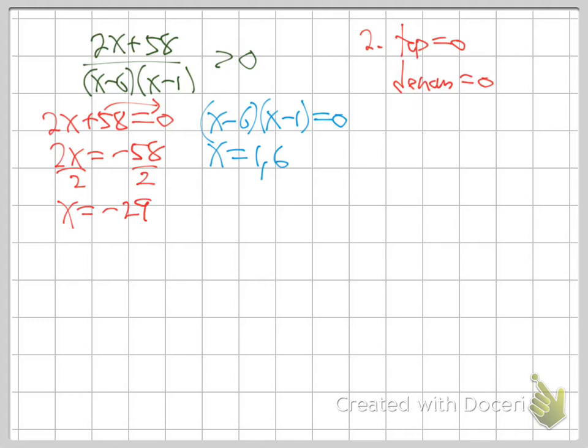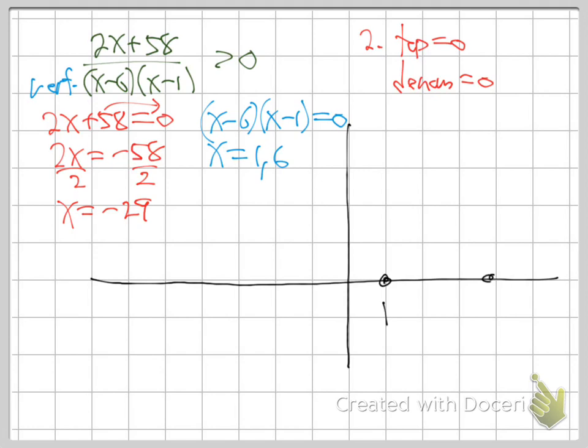So remember, when something makes the denominator 0, what is that on a graph? Undefined. And so what is that on the graph? Vertical asymptotes. Remember, whatever makes the denominator 0 are your vertical asymptotes. So that means when I go to the graph now, I have one of these at 1, one of these at 6, one of these at minus 29.